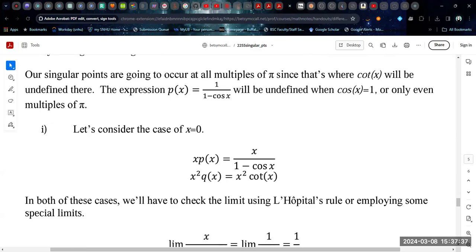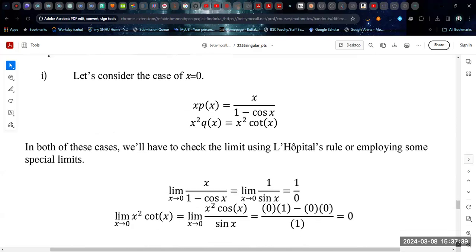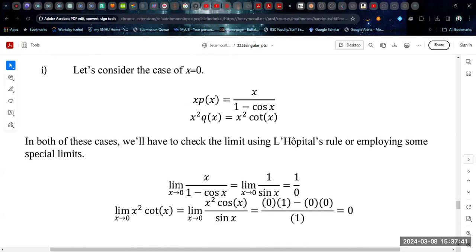And then we have to use L'Hopital's rule to simplify that. And initially, we get 1 over sine x. When we plug in 0, we're definitely going to still be getting 0. So that's undefined.